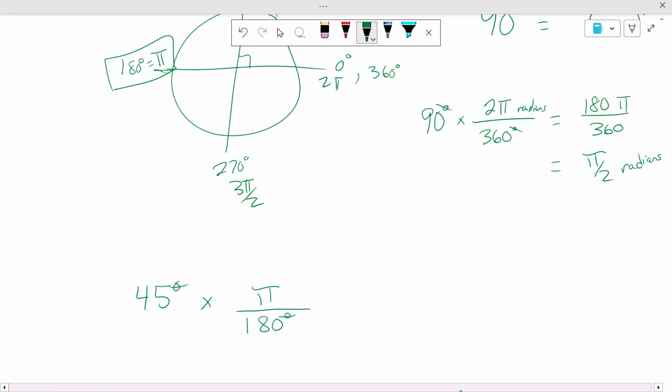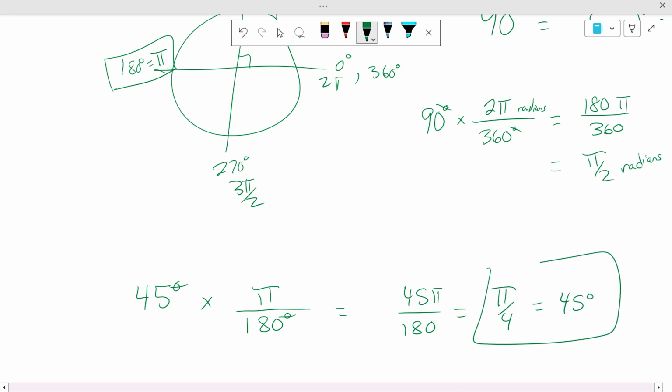Your degrees cancel. So 45 pi over 180 reduces down. 45 actually goes into both. How many times does 45 go into 180? 4 times. So this is pi over 4. So pi over 4 equals 45 degrees.